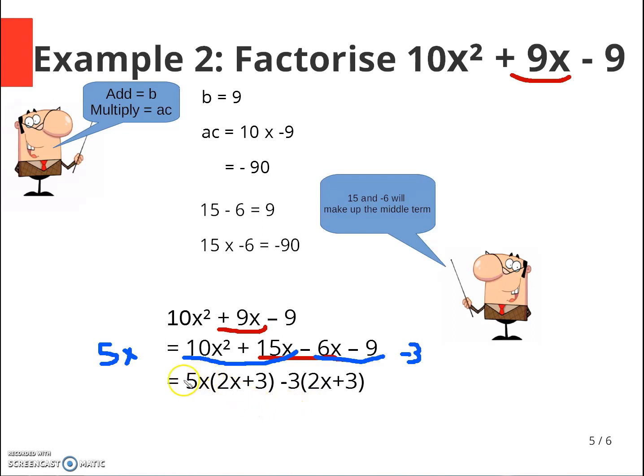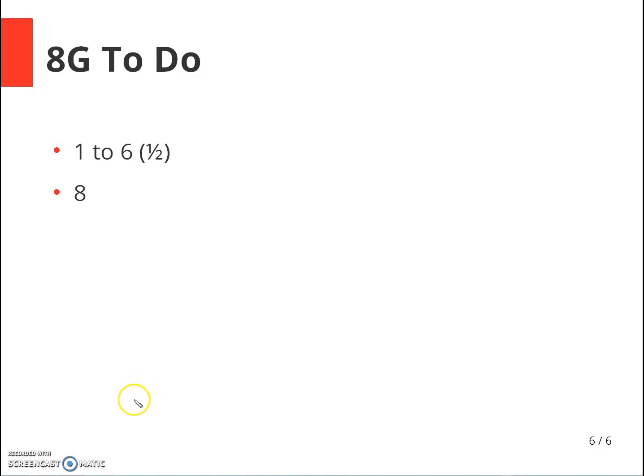So we should have 5x, and then inside the bracket it's going to become 2x plus 3, because 5x times 2x will give us the 10x squared, and 5x times 3 will give us the 15x. So now we have negative 3 bracket 2x plus 3. The highest common binomial factor is 2x plus 3, so we're just going to bring it down and factorize it through. 8G to do. Good luck.